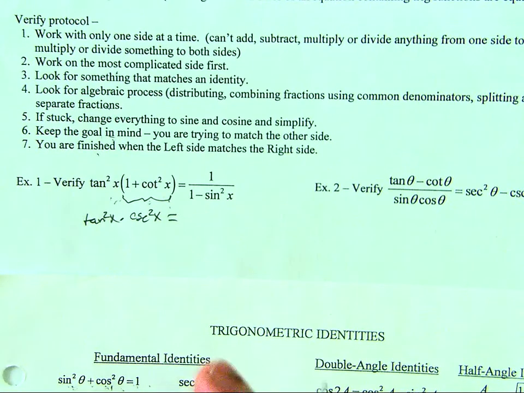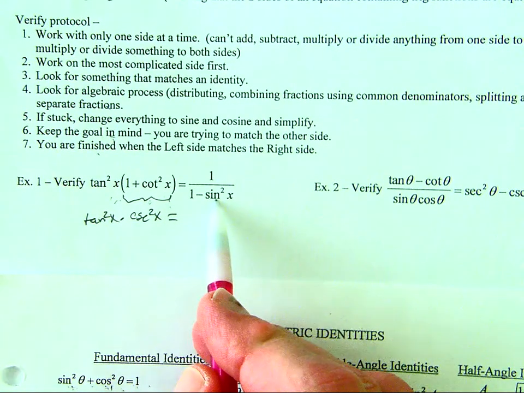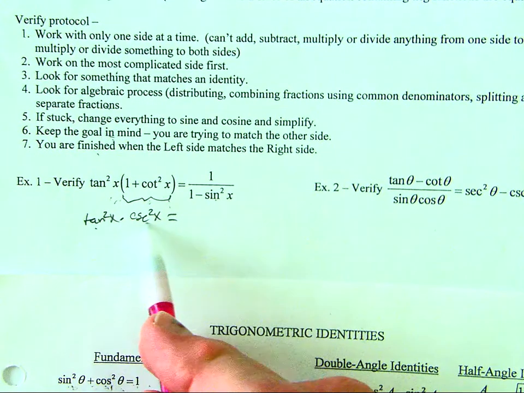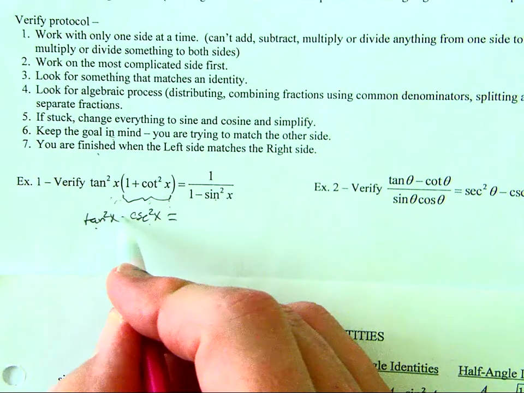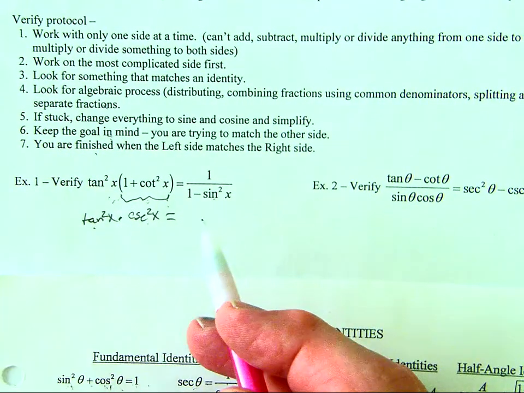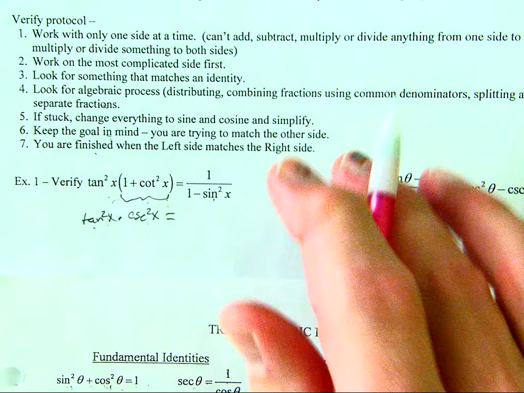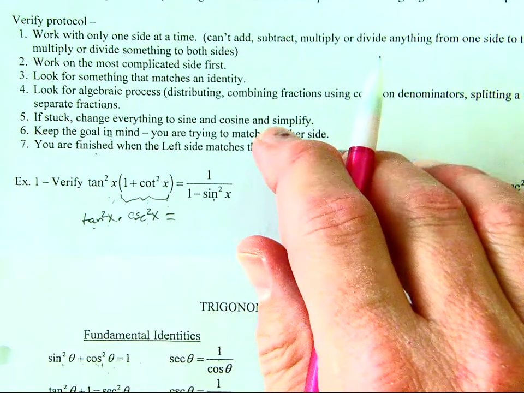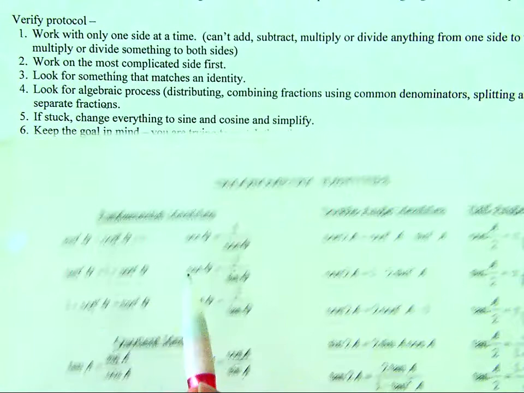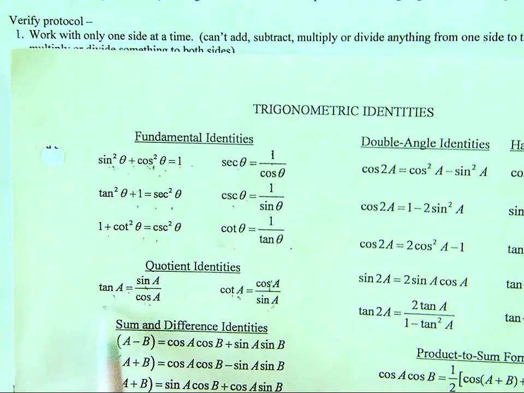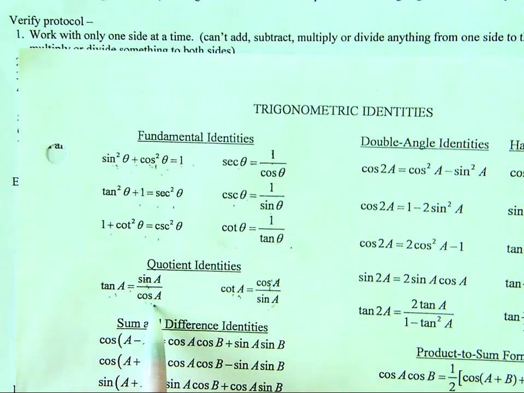Now looking at the two sides, notice on the other side, the only trig function we have is a sine squared actually. Here we have a tangent squared and a cosecant squared. If we want them to match, we want them to have the same trig function. Well, since this one has a sine, let's see if we can change these to something to do with sine. Let's see, we have tangent squared. Well, notice on our identity sheet, we have one that says tangent equals sine over cosine.